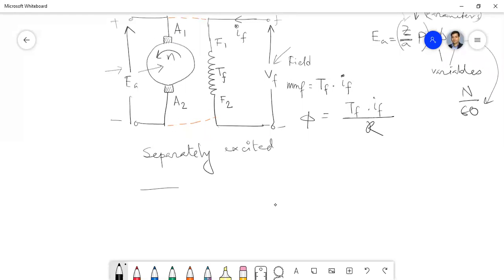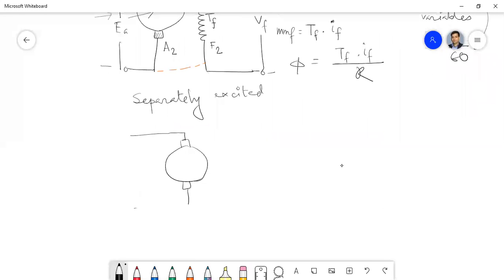Okay, so he's saying that if I have this type of connection, where the voltage which we are getting induced in the armature, why not the same voltage be used for exciting the field coil? So in that connection, we'll short A1, F1 and A2, F2.